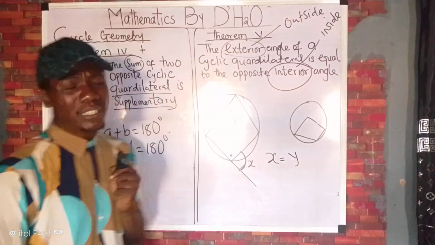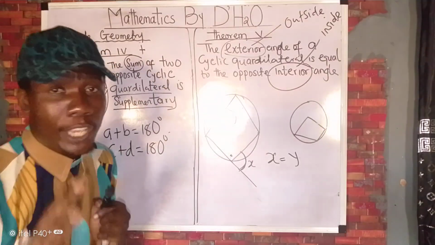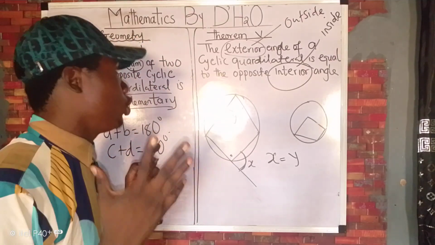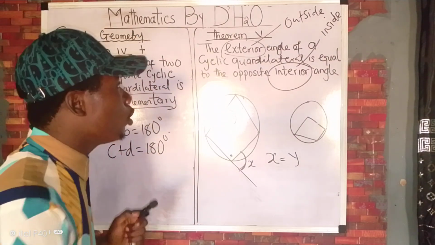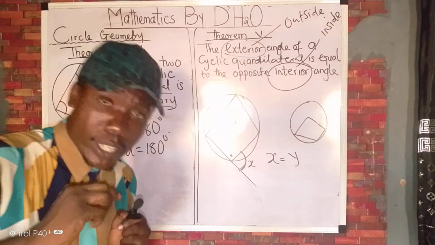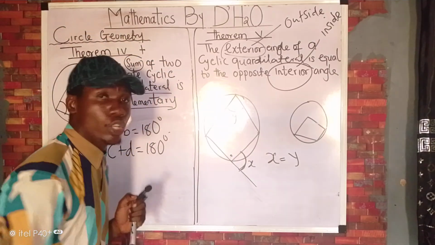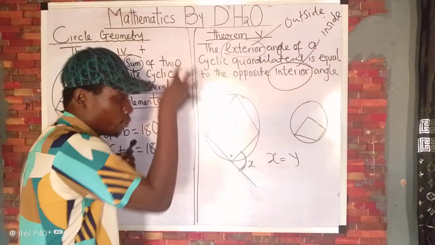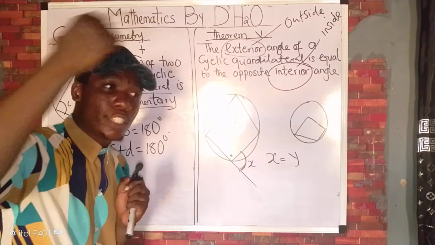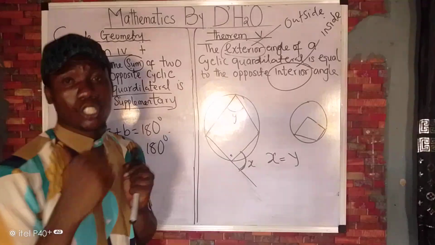Take note of that. This must be noted. Now, don't forget we have over 13 theorems of circle geometry, but we are going to pause at Theorem 5 in today's video lesson, and I'm going to take just 2 or 3 questions to explain better. Then in our next video lesson, we'll take the other theorems.